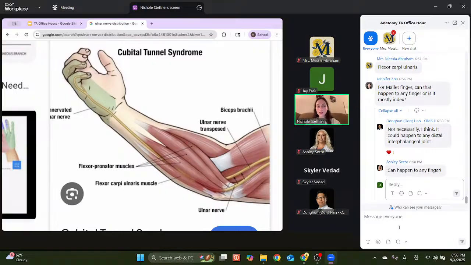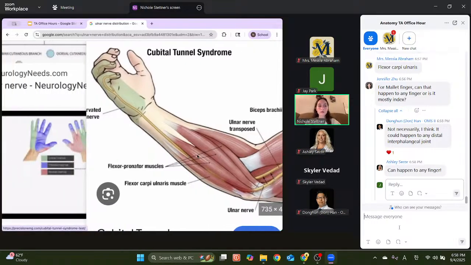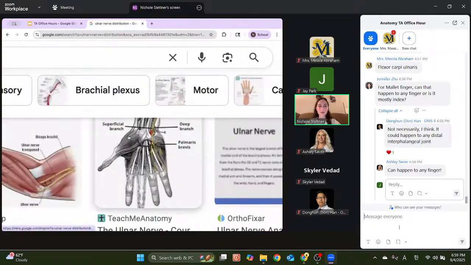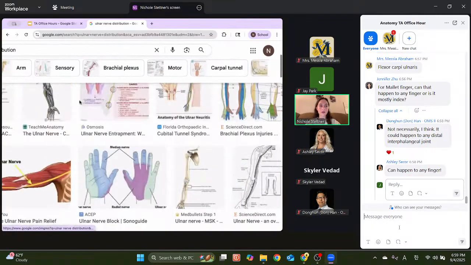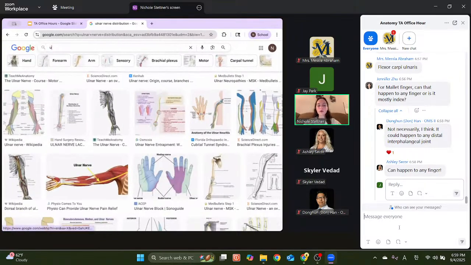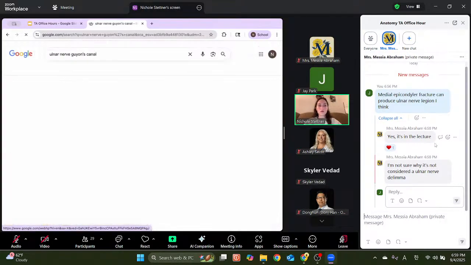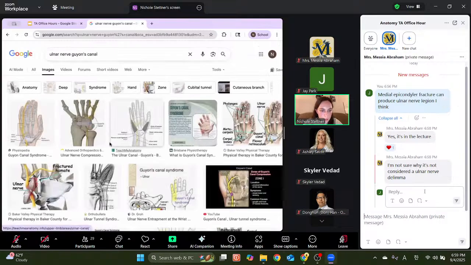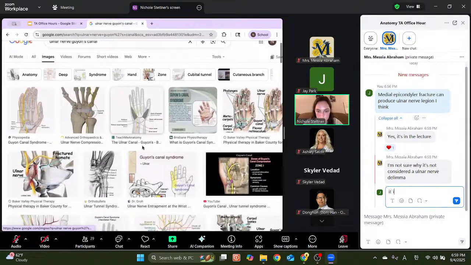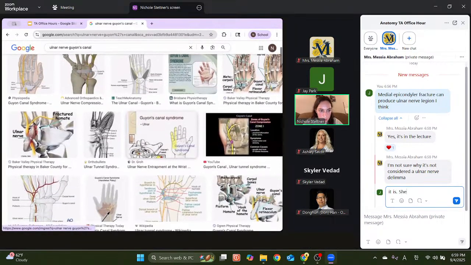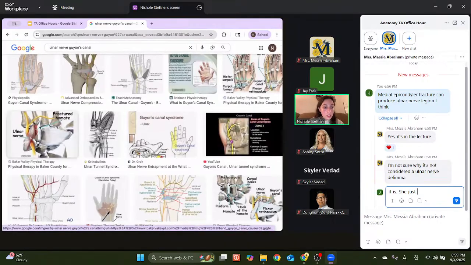So Guyon's is when the ulnar nerve goes through Guyon's canal in the wrist. Let me see if I can find a distinct picture, because that makes life a lot easier. Oh yeah, great, and there's the hook of the hamate.